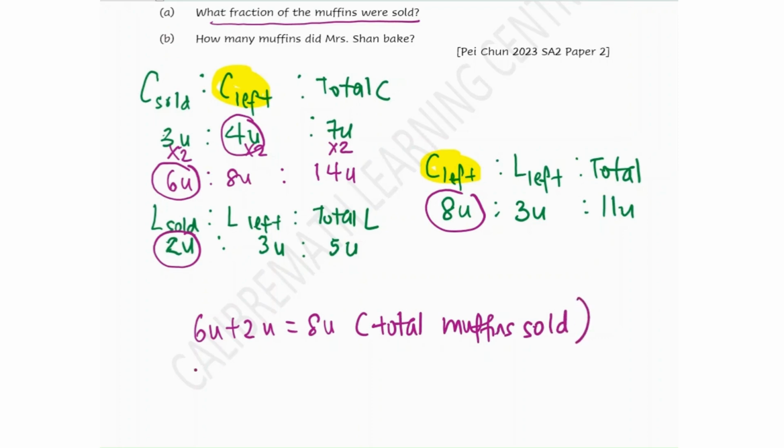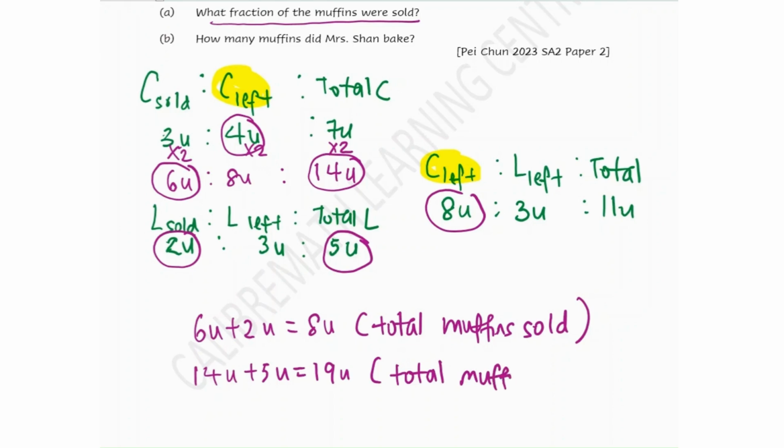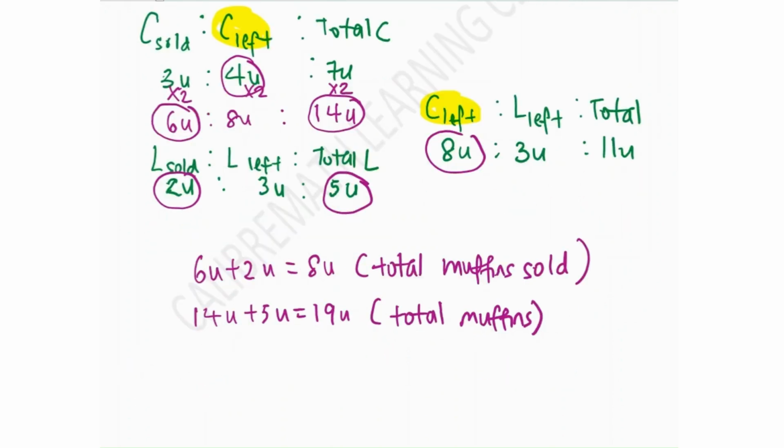And the denominator will be the total number of muffins, and that comes from the 14 units and the 5 units. So 14 units plus 5 units, and that gives us 19 units. This 19 units is the total muffins altogether. Thereafter, you will be able to solve for part A by writing the fraction 8 out of 19. And this 8 out of 19 is already in the simplest form, so the answer to part A is 8 out of 19.